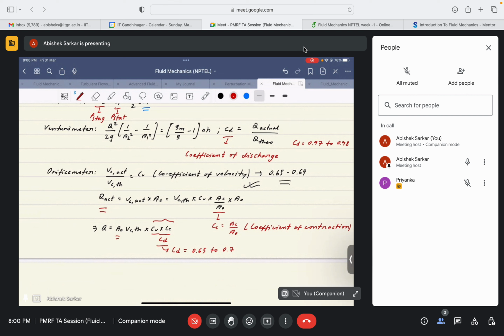One is the coefficient of velocity and one is the coefficient of contraction, because we don't know the area of the vena contracta, right? And what we know actually is the area of the orifice.